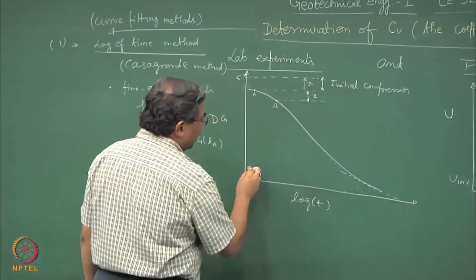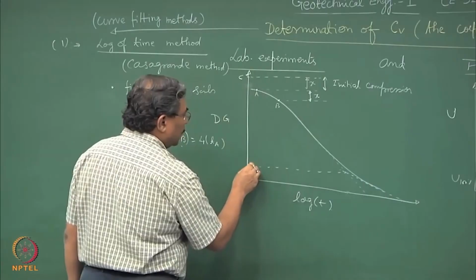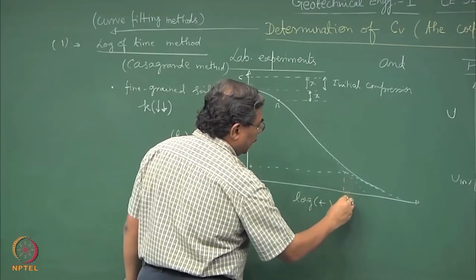So, this point intersection gives the T 100%.